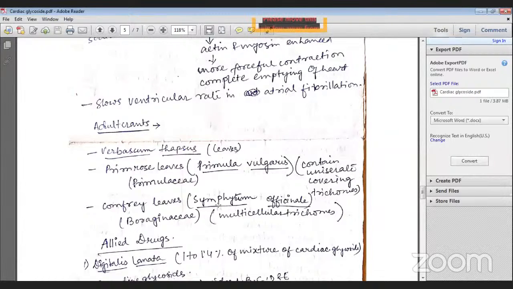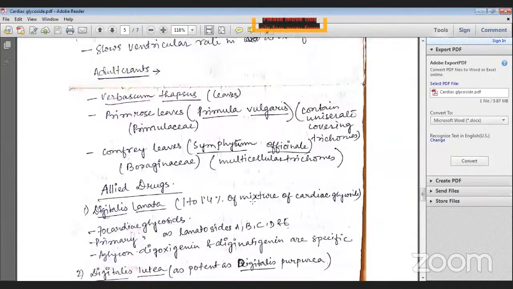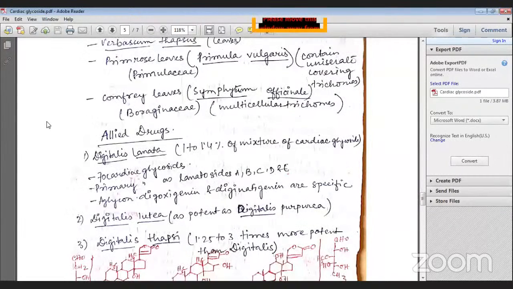The adulterants which are mainly used are the leaves of Verbascum thapsus, primrose leaf, scientific name Primula vulgaris, and comfrey leaf, scientific name Symphytum officinale. These adulterants can be identified with the help of microscopical characteristics. Next are the allied drugs, the related drugs.